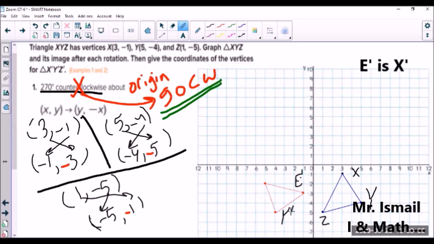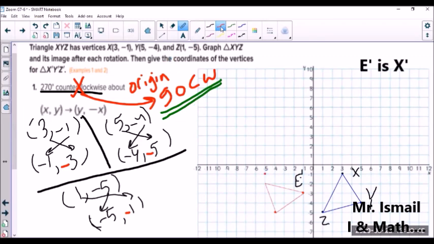I made a mistake, a small mistake here, sorry. That mistake is this one, this point must be here: -5, -1. I put -1 here. Just a small mistake.